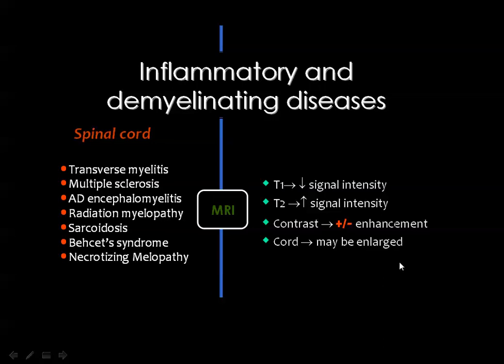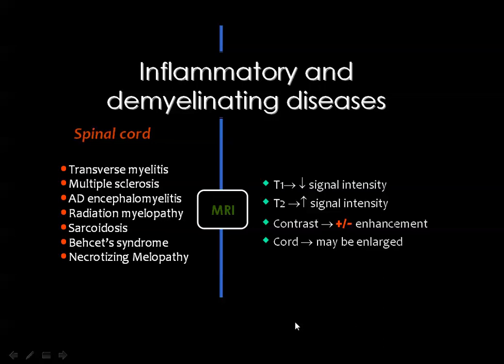You sometimes can see enhancement, and sometimes you do not see enhancement. Also, in some cases, the cord is swollen, and in other cases, the cord is not swollen and is of normal size.